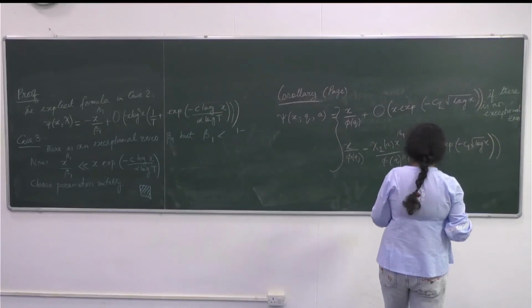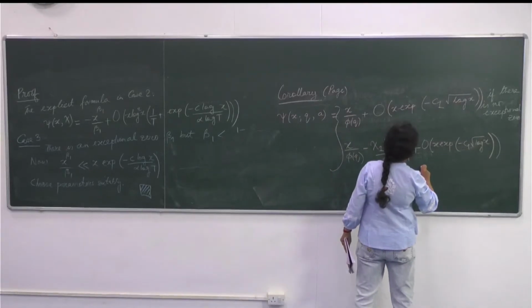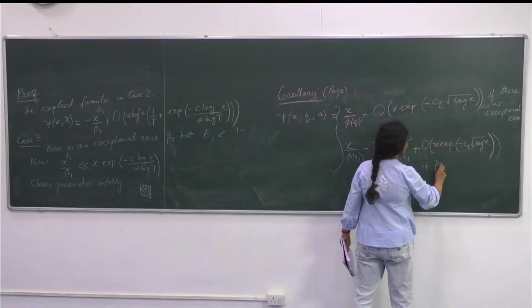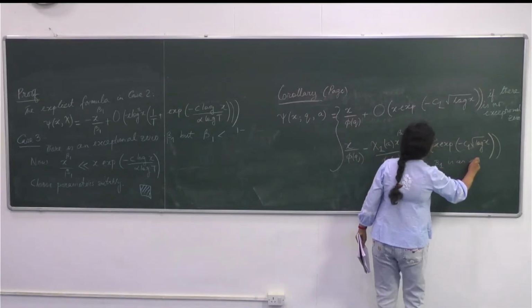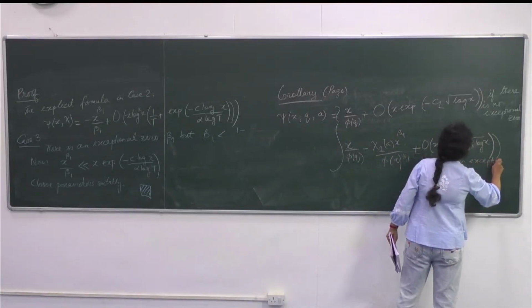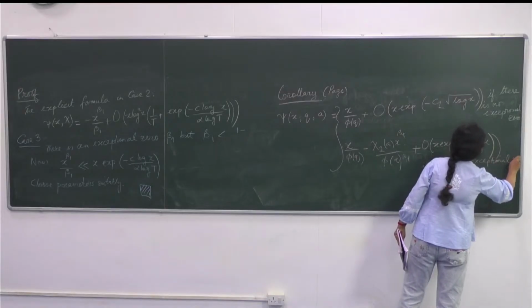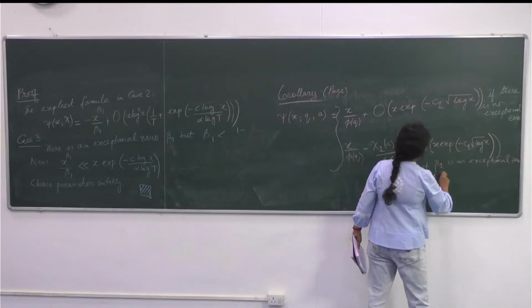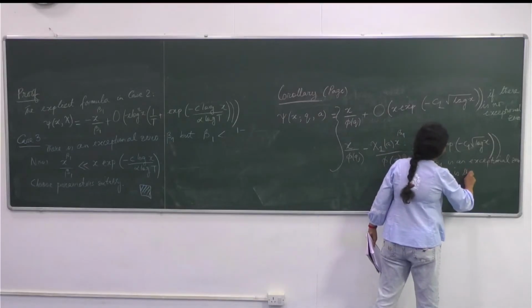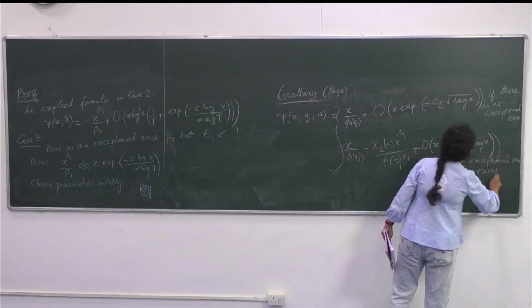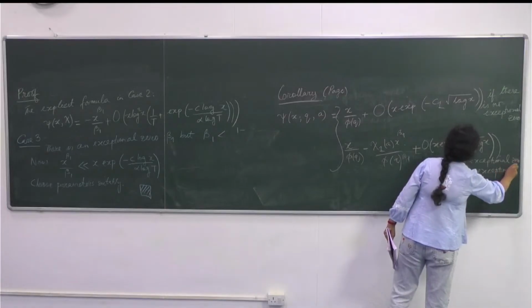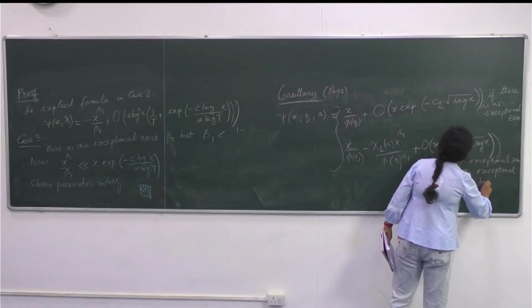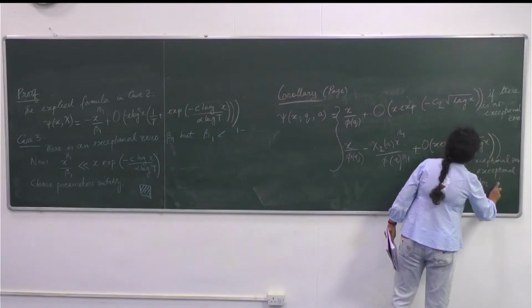Okay. Here, beta 1 is the exceptional zero, and this chi1 is the exceptional character, which gives beta 1.